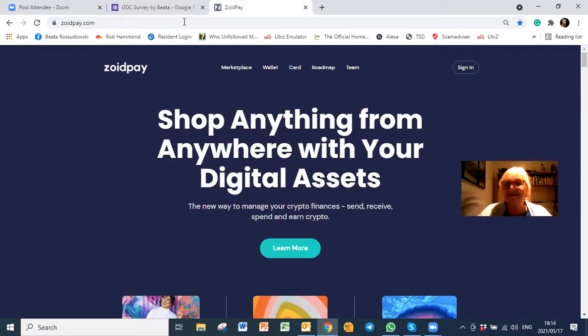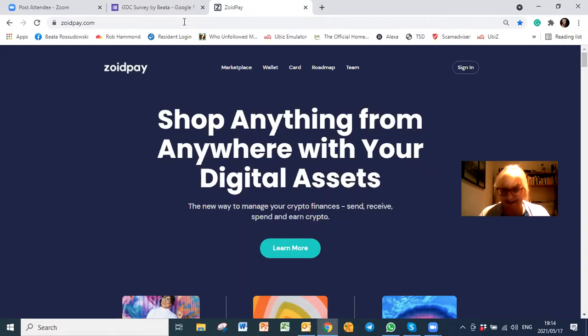Because we're still in this uncertain phase, I think a lot of people get the impression that the moment you open your ZoidPay wallet, the dashboard and the actual wallet are united as one.